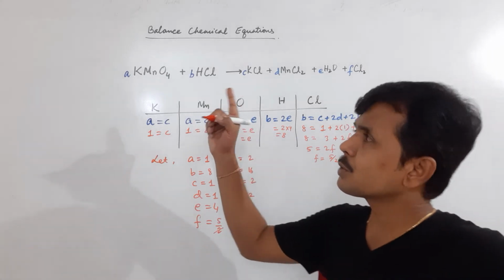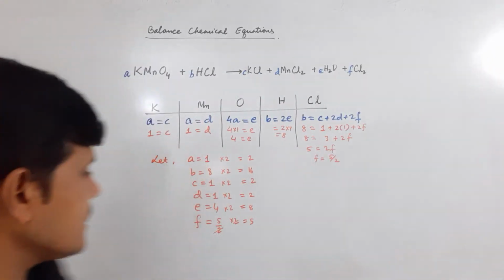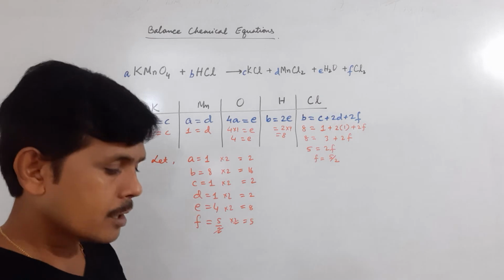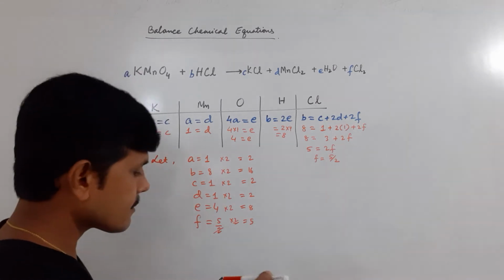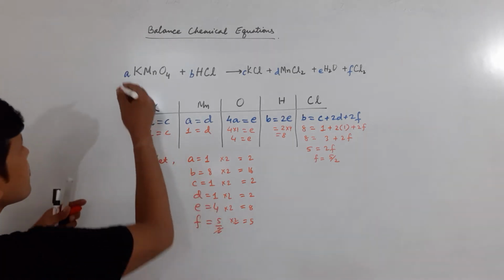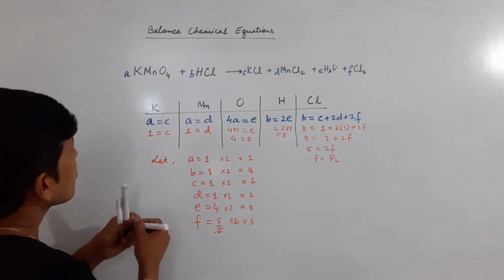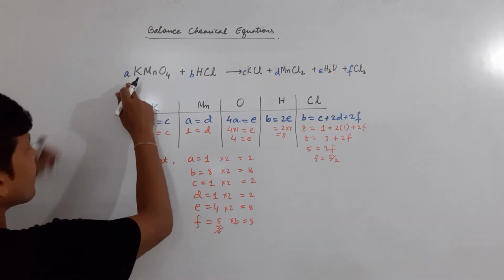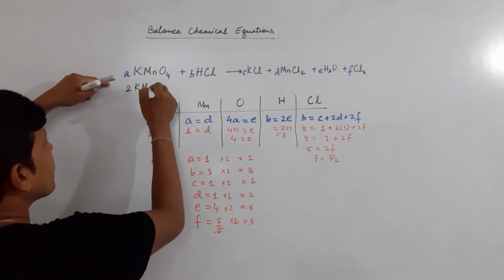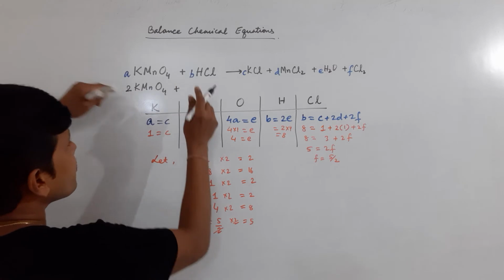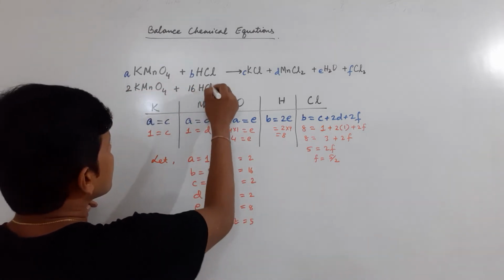Now I am going to replace A, B, C, D, E, F with all these numbers I have got. So the final answer will be, I am writing it freshly beneath. In place of A, I am going to write 2: 2KMnO4 plus, in place of B, I am going to put 16, that is 16HCl.